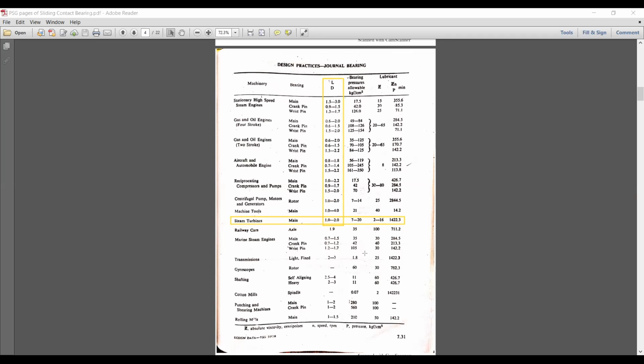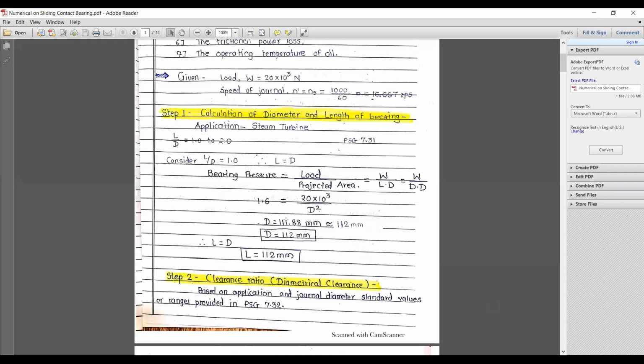You can use L by D ratio 1 or 2. So in our design we have selected L by D ratio equal to 1.